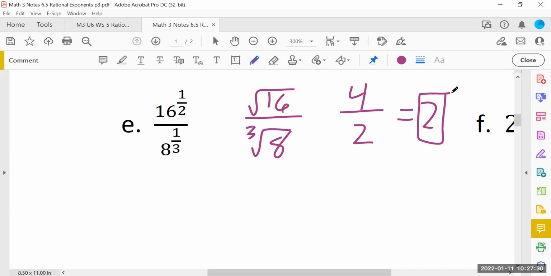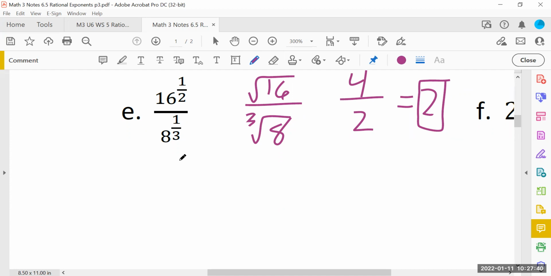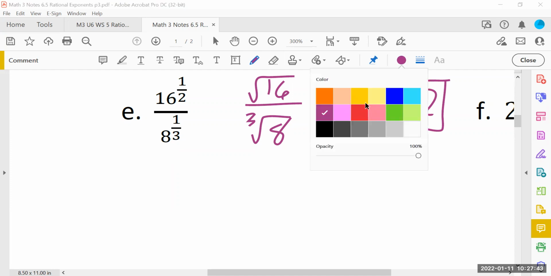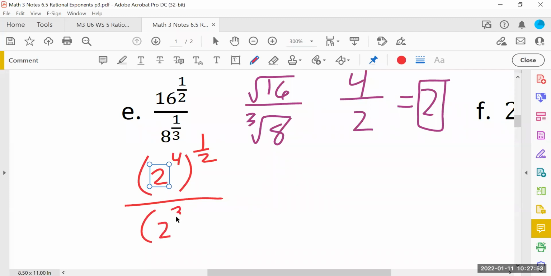You could take the 16 and the 8 and write them both as 2 to a power. So everybody go with that? That 16 is 2 to the 4th power. 8 is 2 to the 3rd power. So if I try that way, I really should be switching colors every time so nobody gets confused about the 2 different ways. Let's try that. 2 to the 4th power to the 1/2 over 2 to the 3rd power to the 1/3.